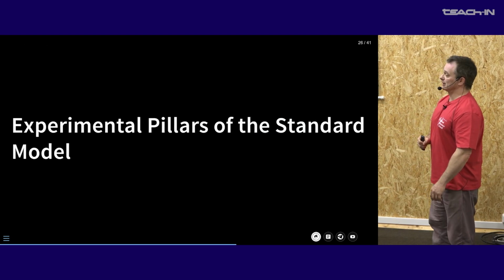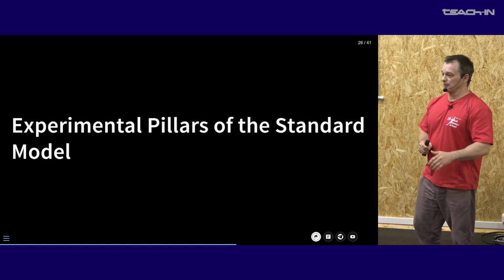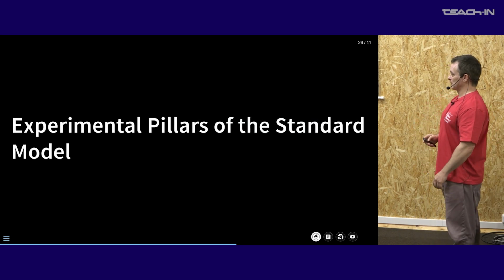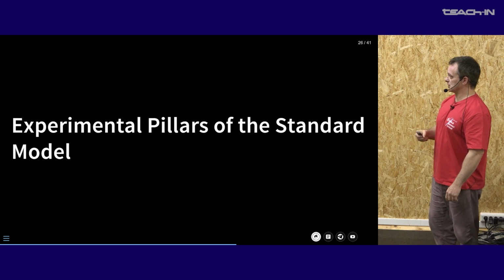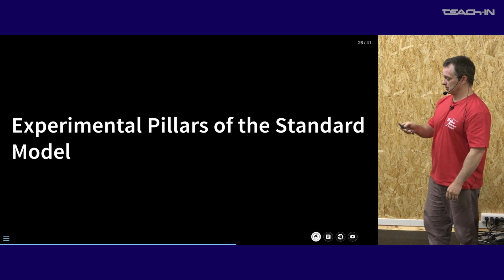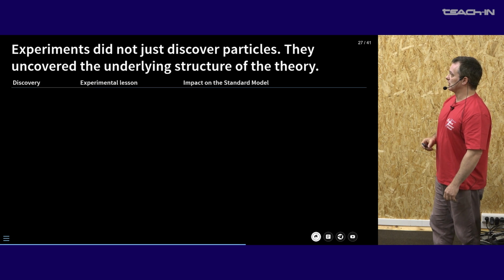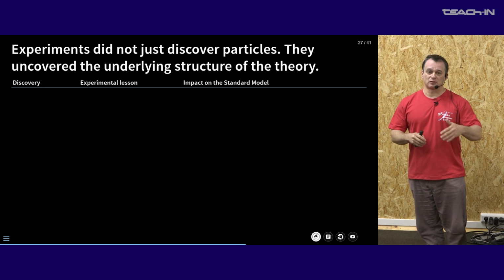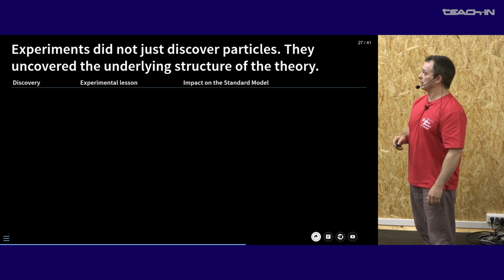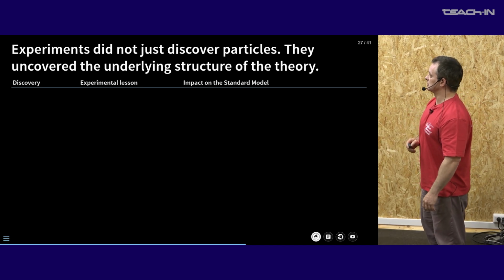What are the experimental pillars behind the Standard Model? There is actually a large number of them, but because I'm limited in time, I just made a pre-selection. Maybe not everyone will agree with it, but this is as far as I see it.